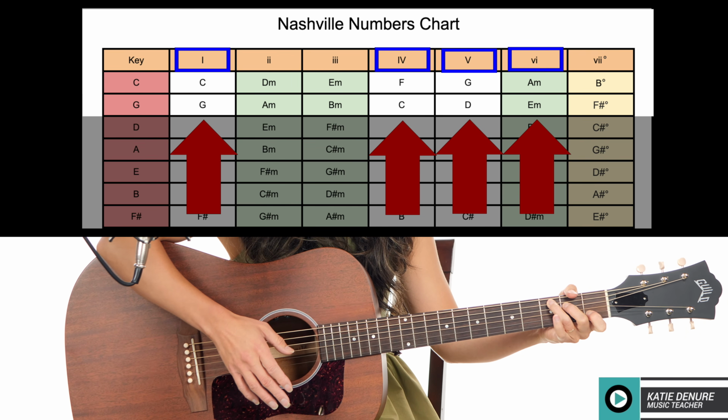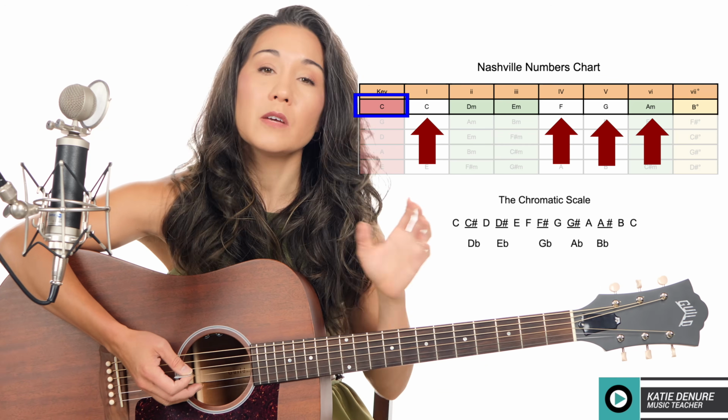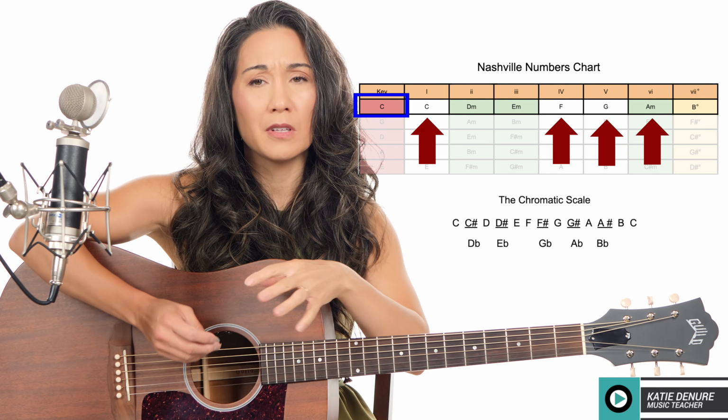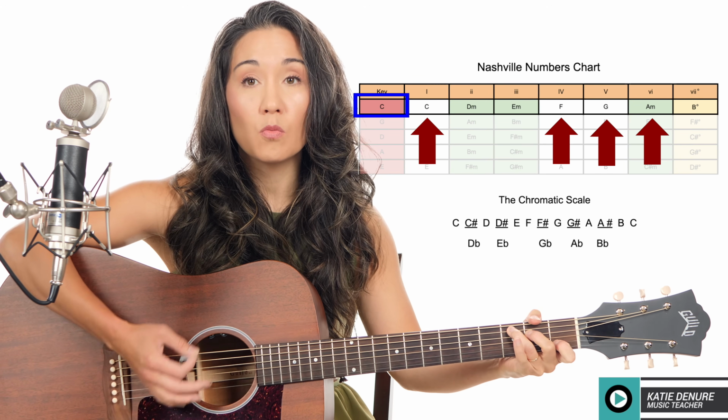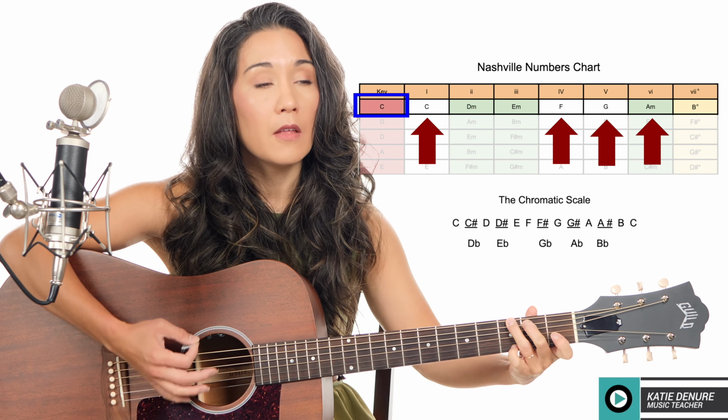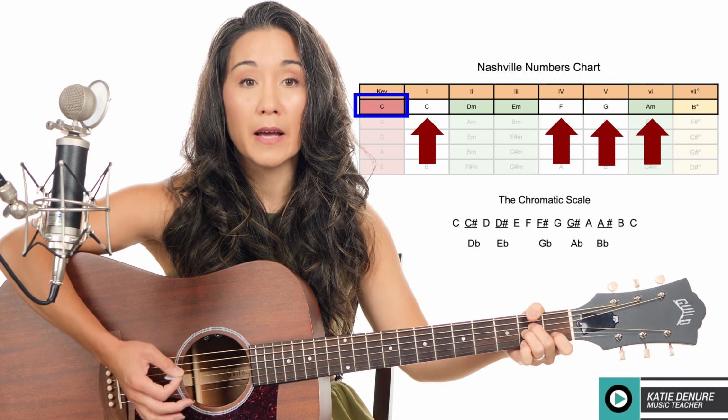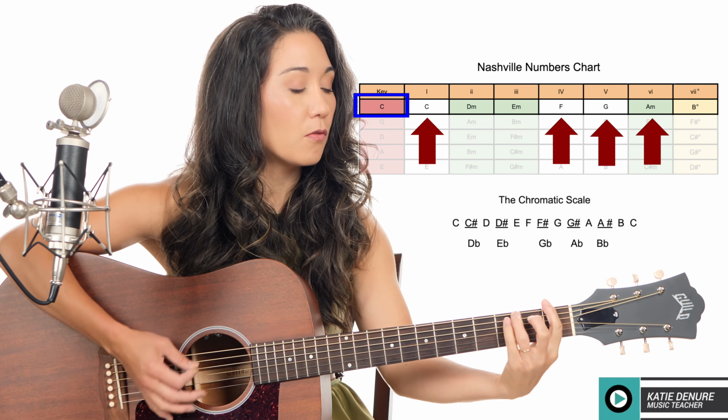Pretty simple, right? Also, this is great, especially if there's a song that is too low for you to sing, you don't have a capo on you, or you just don't like the chords in that particular voicing. So let's say we have a song in the key of C, and it's a little low for you. C is 1, and then we have the 5, minor 6, 4.